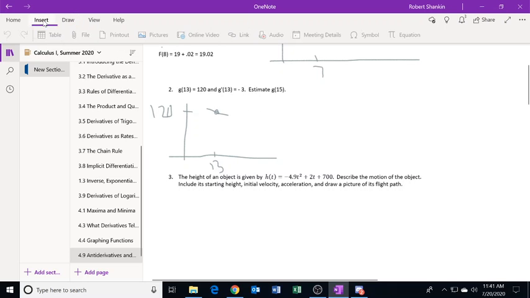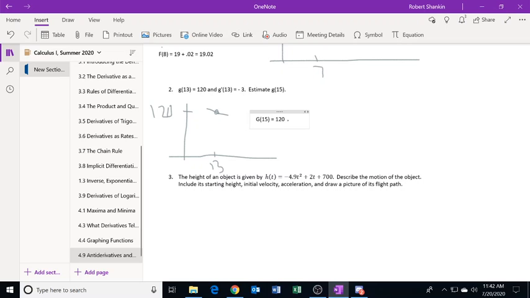So we're going to here. G of 15 is going to equal G of 13, which is 120. So our best estimate as we guess into the future, this time maybe 2 years into the future, is the price that it was 2 years ago.